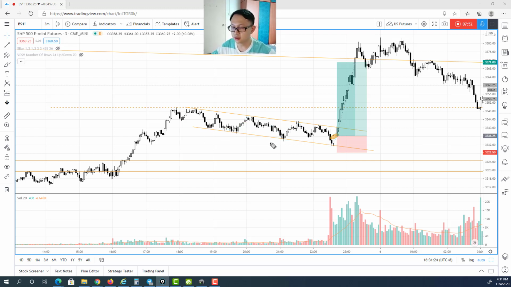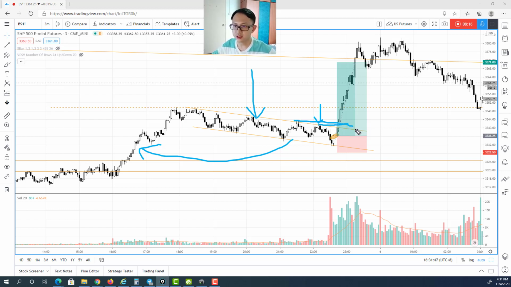This is relatively important because the context is this down sloping range as a pullback, which is a test of this breakout session. So I just bet on the continuation to the upside. Of course, maybe it can just fail right at this resistance or even here as well, but we just have to manage the risk and the trade accordingly.